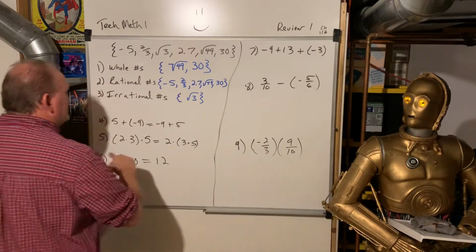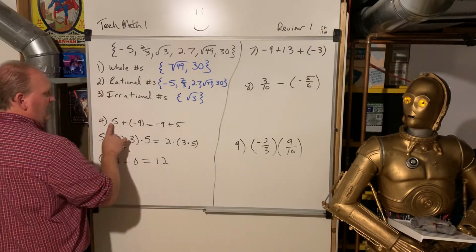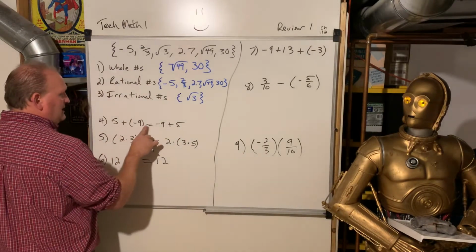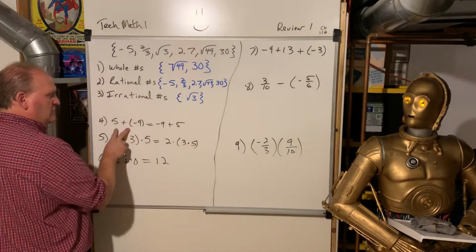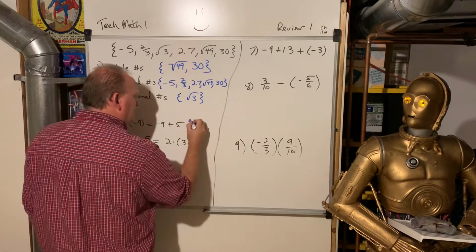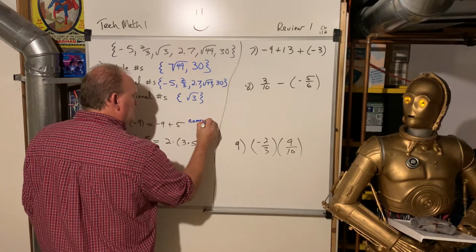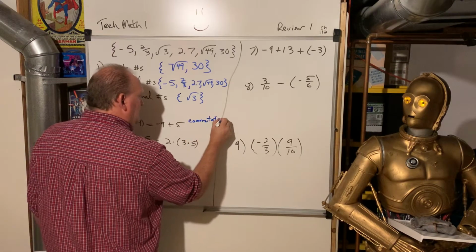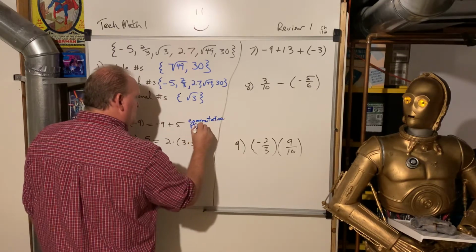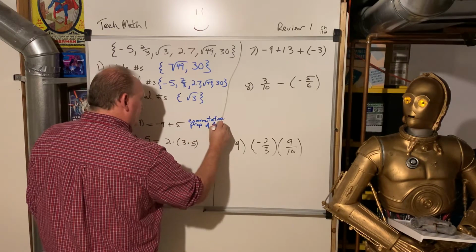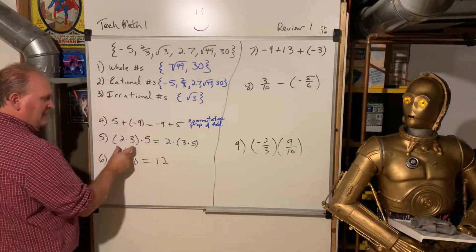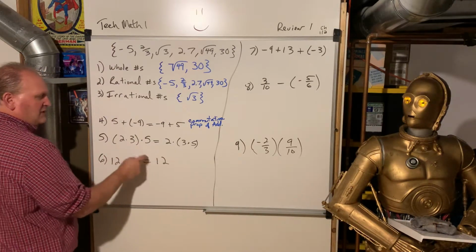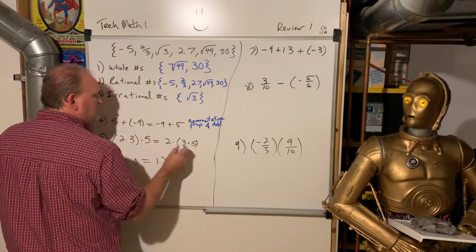Okay, so now identify the properties. When I have 5 plus -9 equals -9 plus 5, when I only have two things and I just change the order in which they're written, that's called the commutative property. And that's the commutative property of addition. This one is multiply 2 times 3 times 5, and they have parentheses around the 2 times 3, so that would be first, is the same as 2 times 3 times 5.